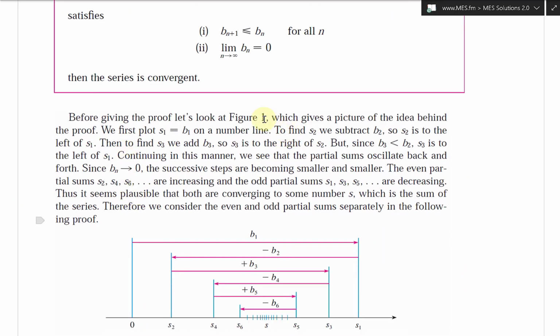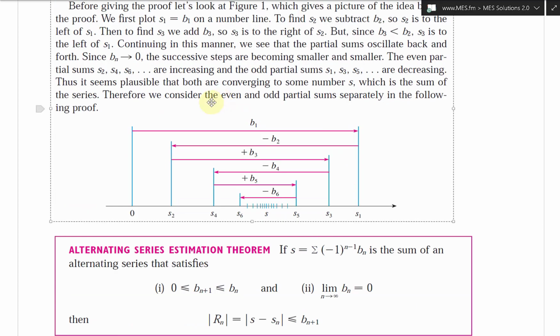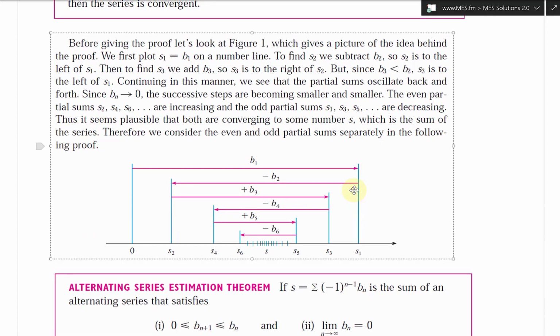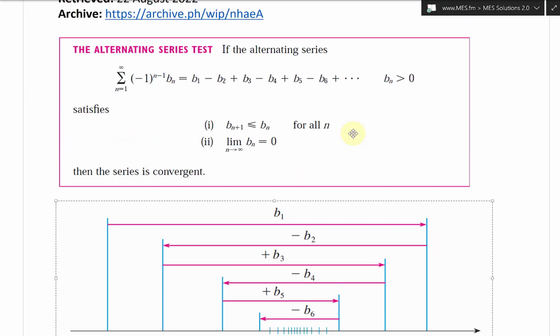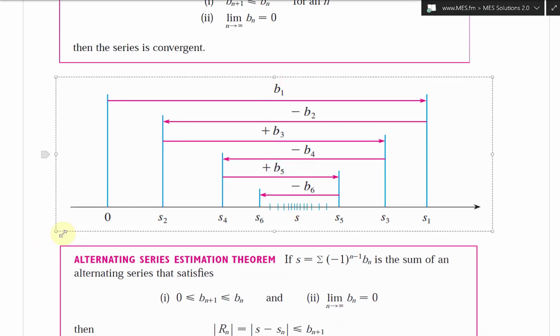Before giving the proof, I'm not going to go over that paragraph, but basically, if we recall this line graph, I just removed that initial paragraph so it doesn't get in the way. I'm going to look at this graph to show you how it converges.